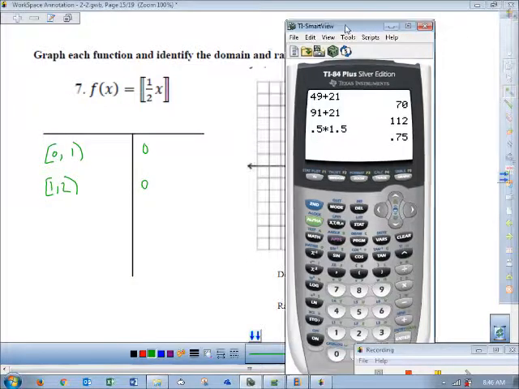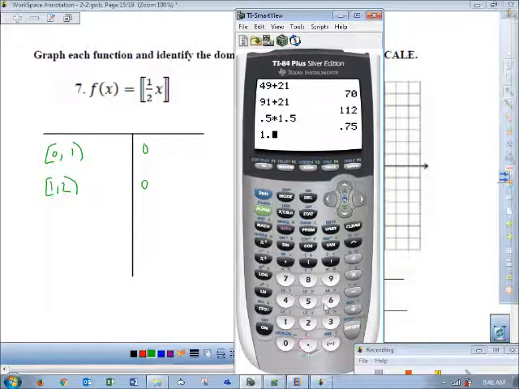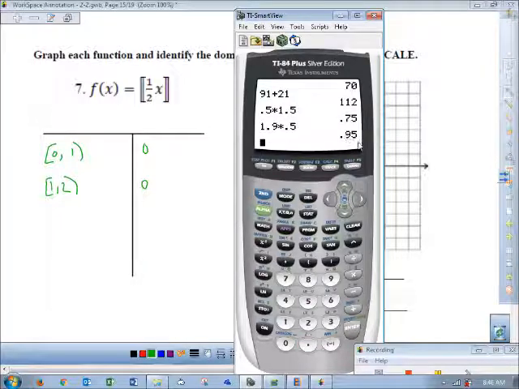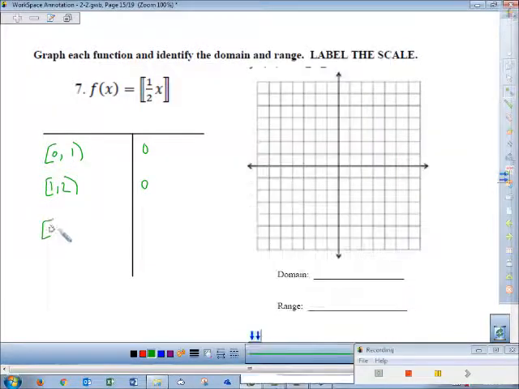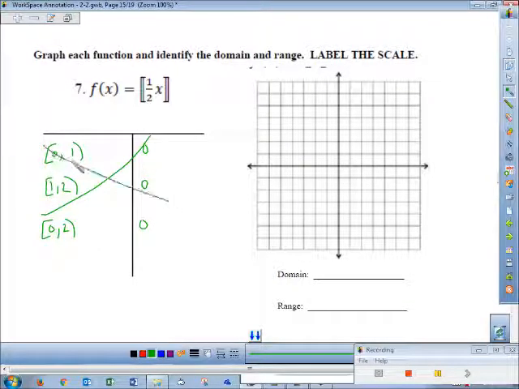I take it times a half, and I still get a number less than 1. So basically this range has got to be 2 wide. From 0 all the way up to 2, everything's going to round down to 0 in this situation. 0 to 2, it's going to give you 0.